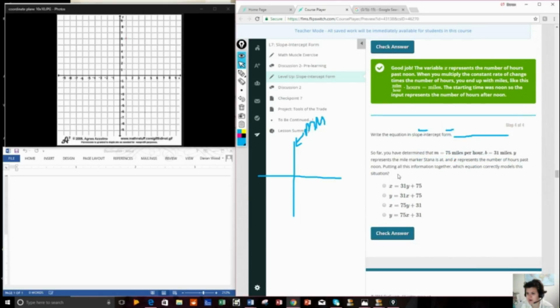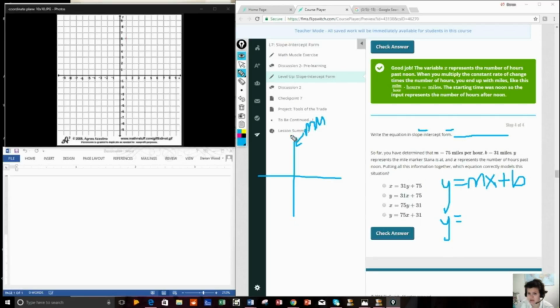Okay, so now write the equation in slope-intercept form. So again, memorize it: y equals mx plus b. So far we have determined that our slope is 75 miles per hour. So I'm going to rewrite this.